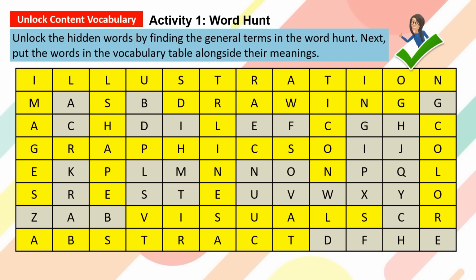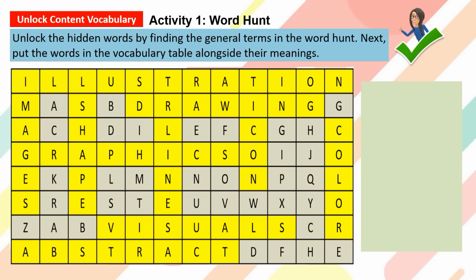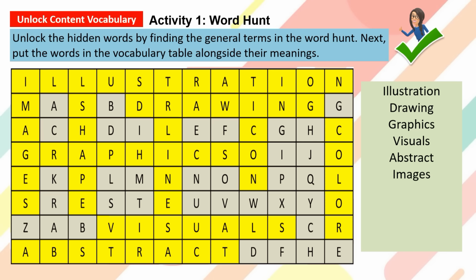Here are the words that you will encounter this week. Here are the words that you can find from the word hunt: illustration, drawing, graphics, visuals, abstract, images, shapes, lines, icon, and colors. Please take note of these terms on your notebook as it will serve as your choices for the next activity.